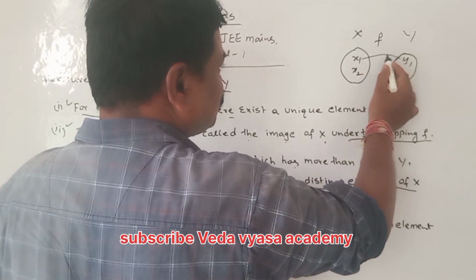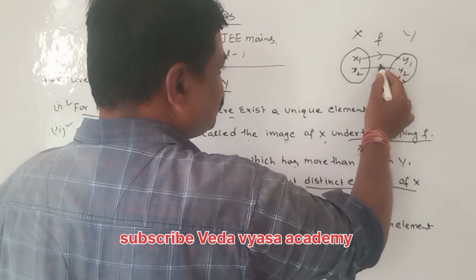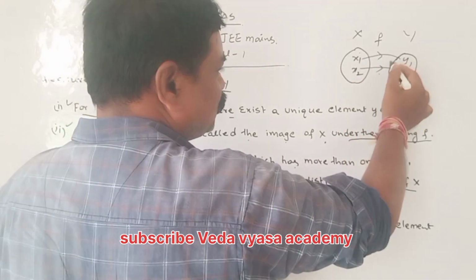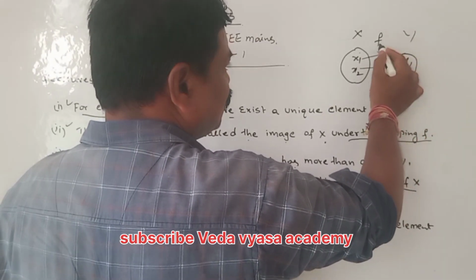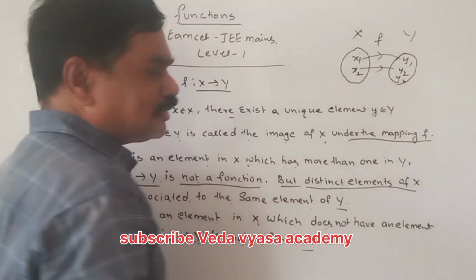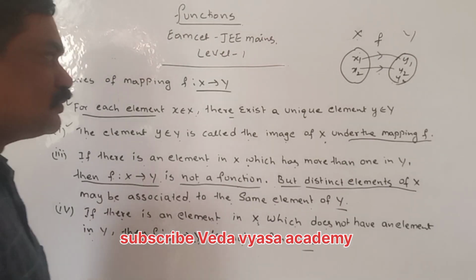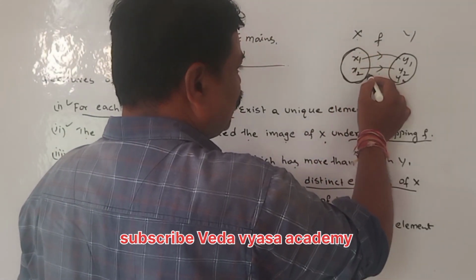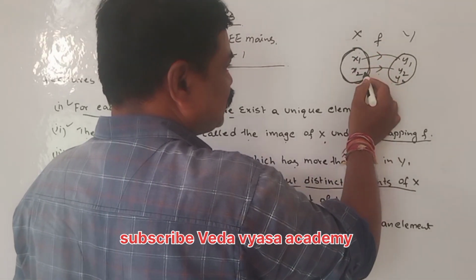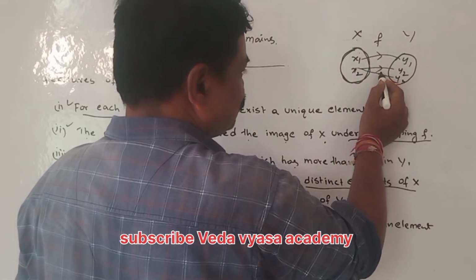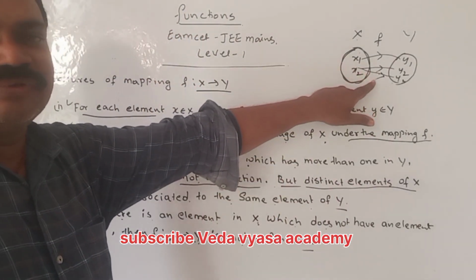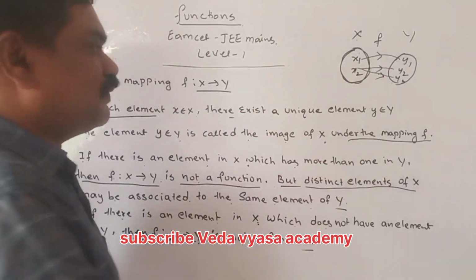Suppose distinct elements in X map to distinct elements in Y, then f: X to Y is a function. Suppose an element in X has two images in Y, then we say it is not a function. This is not a function.